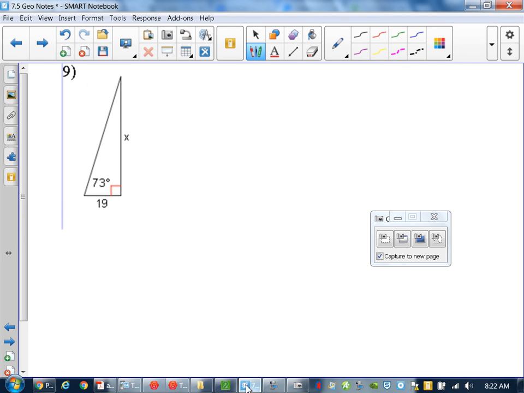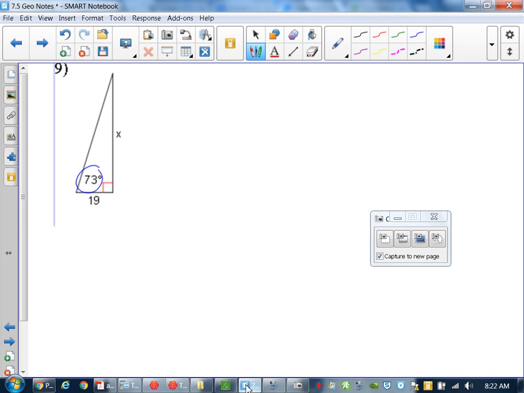What I'm going to have you do is circle your angle, label your parts, decide what trig function you use, opposite, adjacent, and then write it down. That's all I want you to do. You don't need to press any buttons, you don't need to use a calculator.